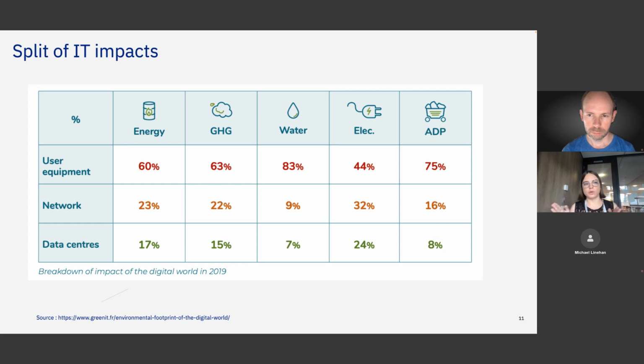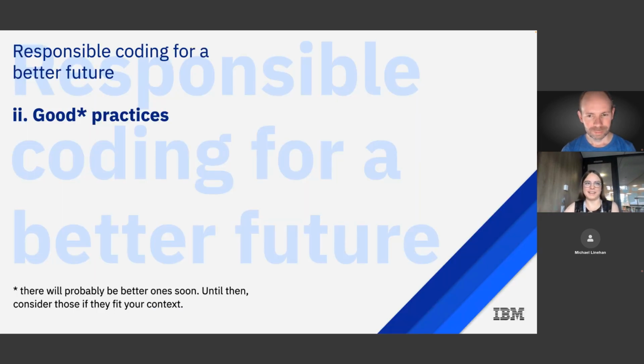So it's better to have a web page that is perfect because you don't want people to change their phone than the other way. I hope it's clear. And right now I'm going to leave Stephane on the good practices that you can implement in your job when coding to have a better impact.